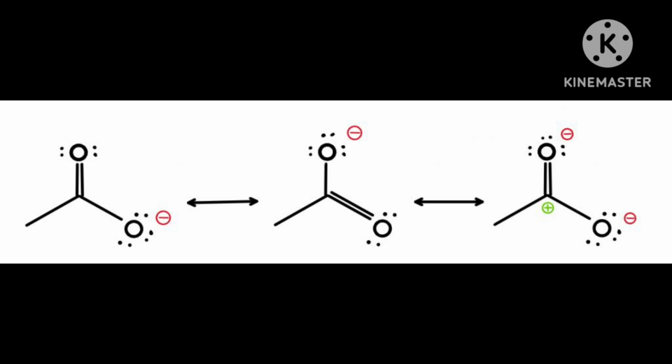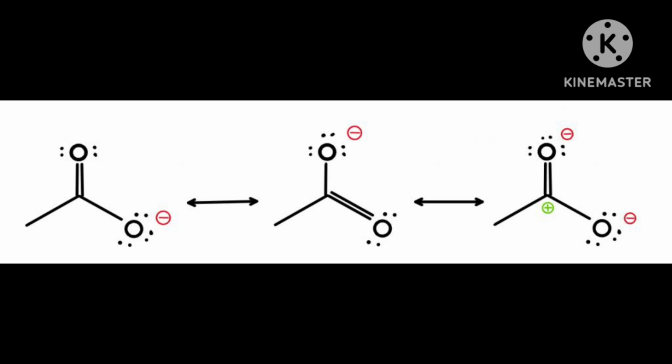However, as determined experimentally, benzene has a uniform carbon-carbon bond distance of 139 picometer, a value intermediate between the carbon-carbon single bond and the carbon-carbon double bond.